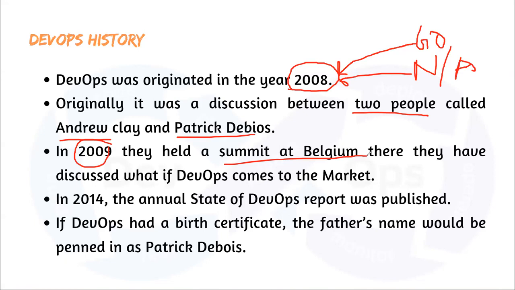The summit went fine, so they started working on the DevOps project from 2009. And finally in 2014, they published an annual report.